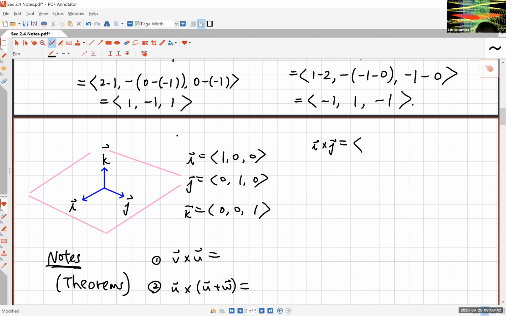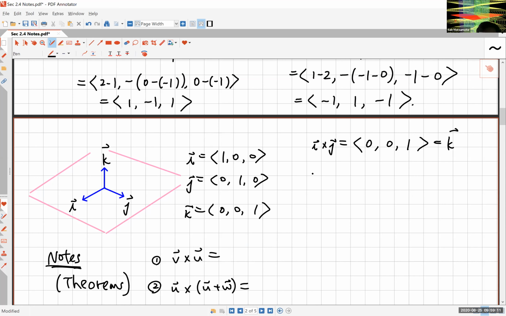What is I cross J? It'll be 0 for the first one because it's 0, 0 minus 0, 1. For the second coordinate, it'll be negative of 1, 0 minus 0, 0. That's still 0. Last one, 1, 1 minus 0, 0, which is 1. Okay, that's K. All right, so I cross J is K.